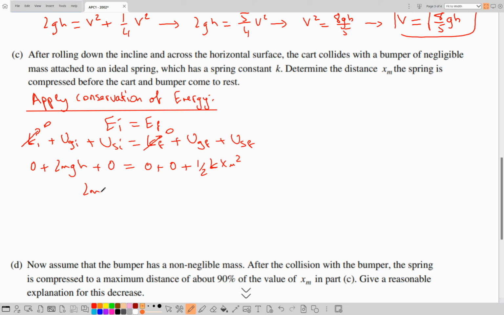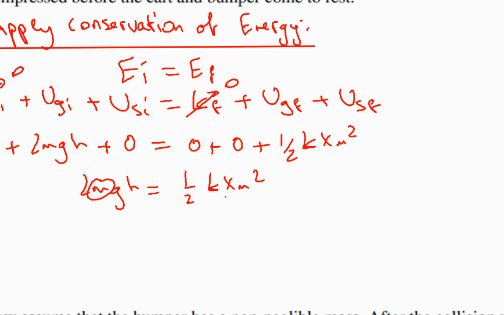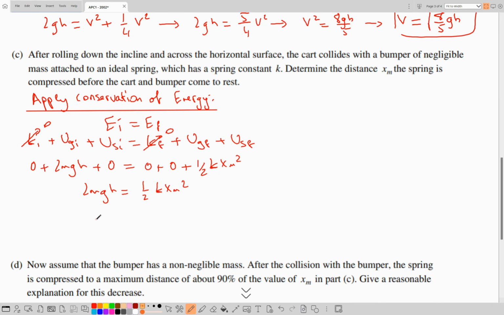Then 2 mgh is given by half k xm square, and notice that here we cannot apply the cancellation effect for m because spring forces are proportional to k and independent of m, which makes m not to be cancelled. So in this case, xm square would be given by 4 mgh divided by k, which makes xm to be given by the square root of 4 mgh divided by k.